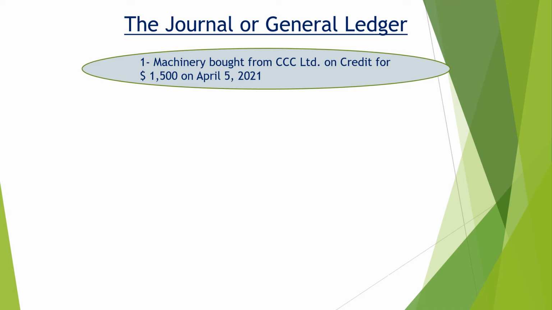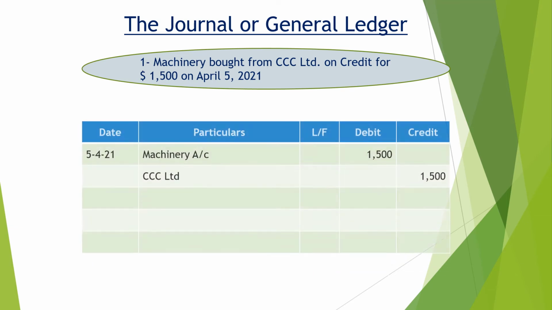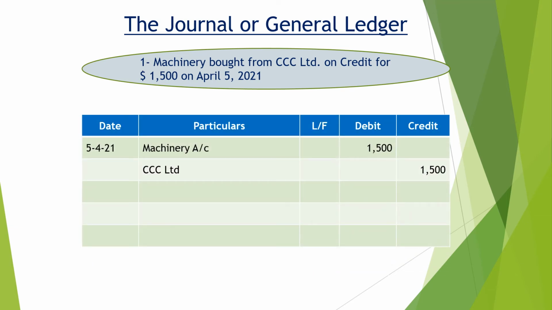We can see here that the asset machinery is increased, so it will be debited, and a liability because we bought from CCC Limited. So payable to CCC Limited is a liability. So the entry will be machinery account debit 1,500 and CCC Limited credit 1,500.